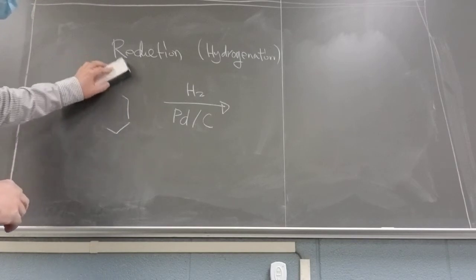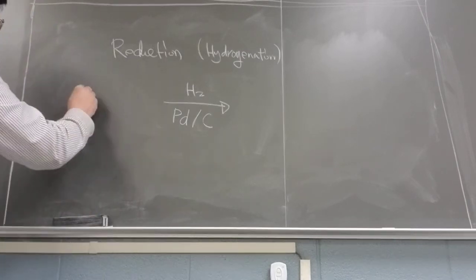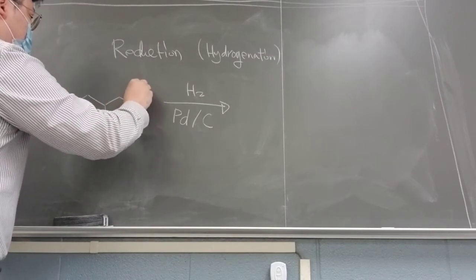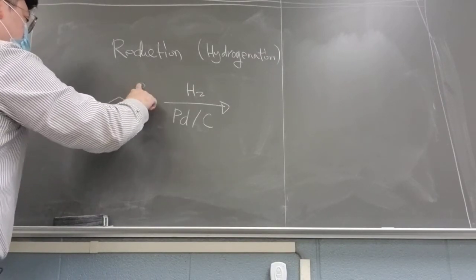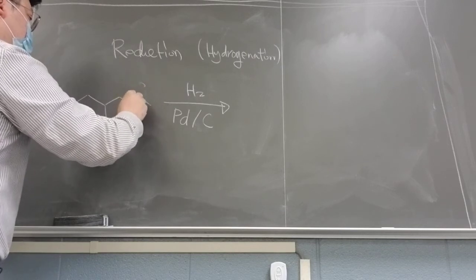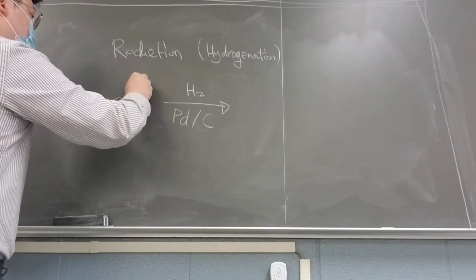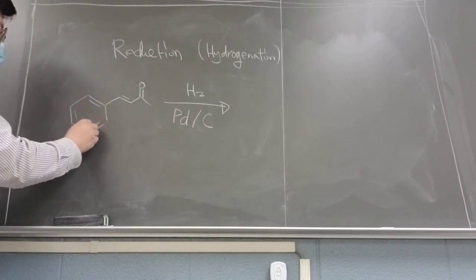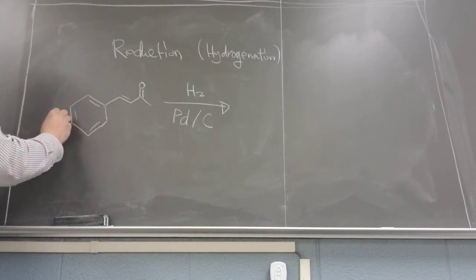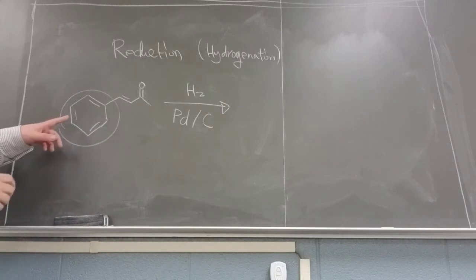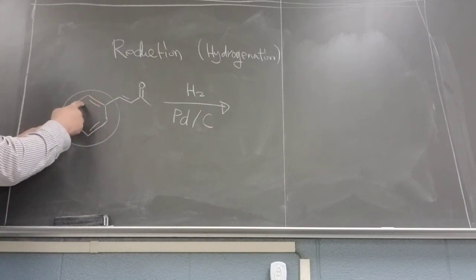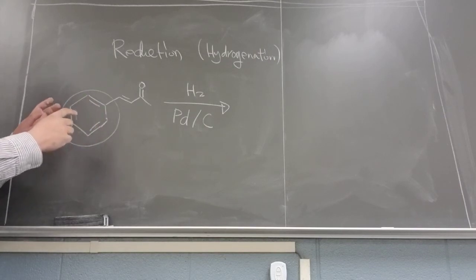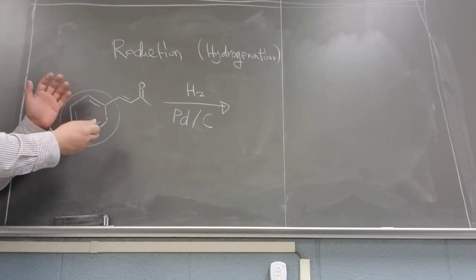All right. So then there's another thing. If you have this, this is a phenyl group. Do you see the double bond, single bond, double bond, single bond, double bond, single bond? This is what we call an aromatic ring.